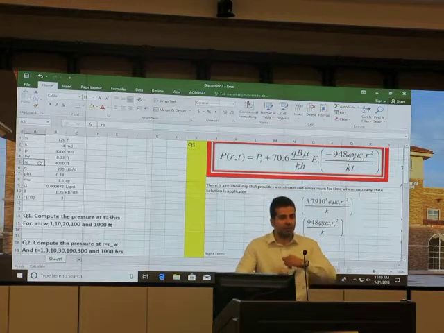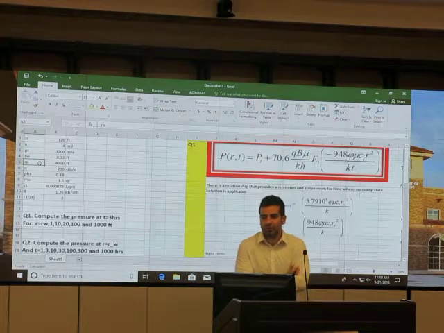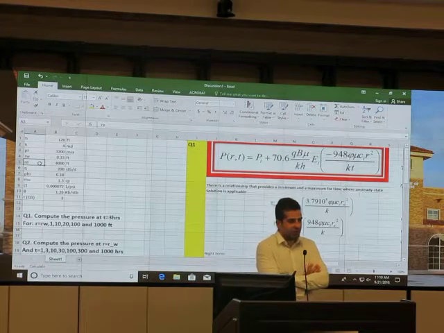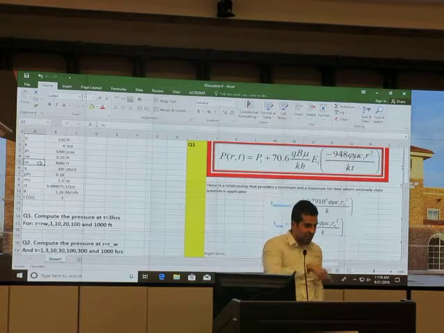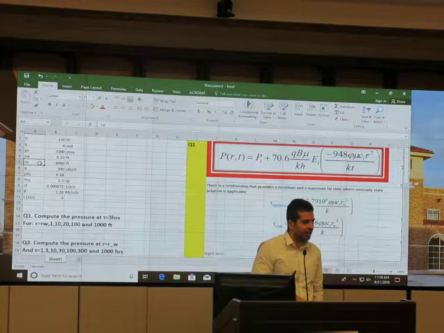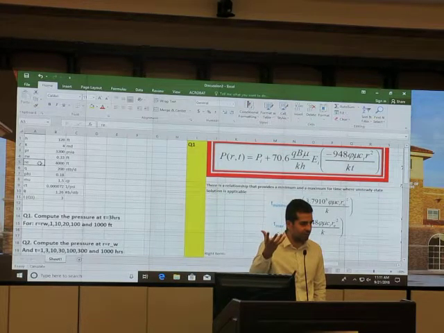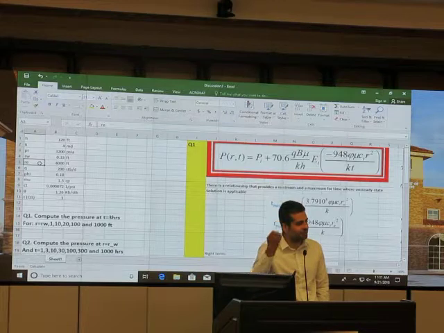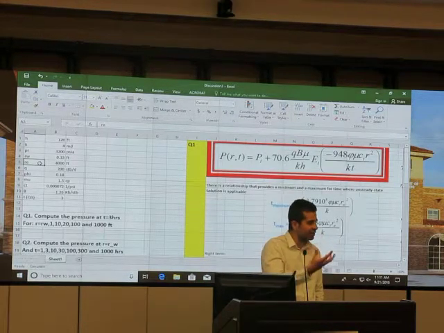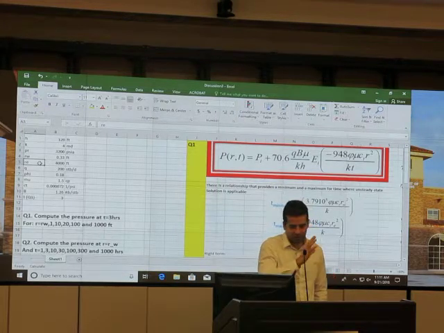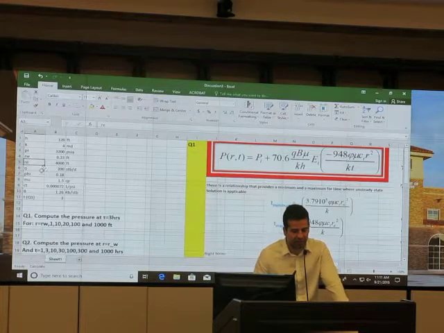Let me be more clear. You have a square-shaped reservoir. Do we have a drainage radius? No, because it's not a circle. But in general, when we use shape factor, we can convert it to cylindrical or circle, so the RE concept actually makes sense now. It's good to know. So RE is drainage radius.